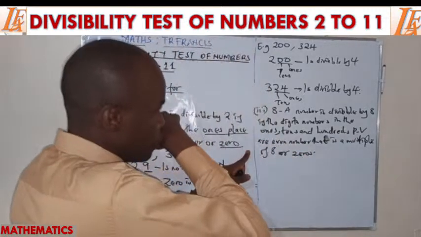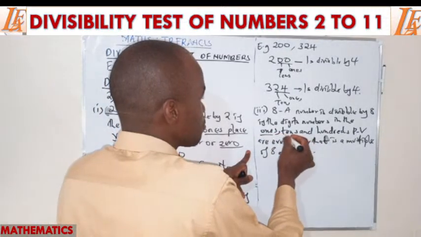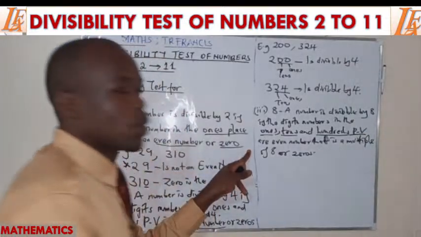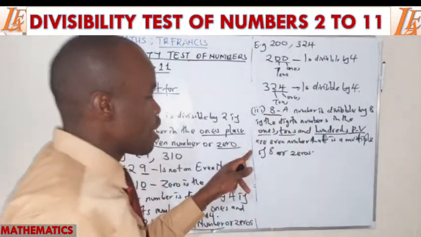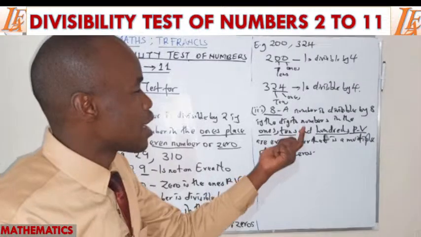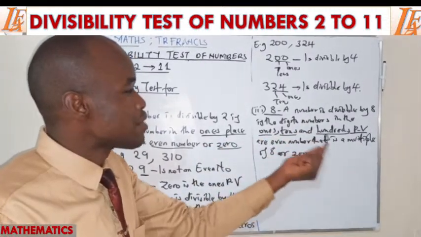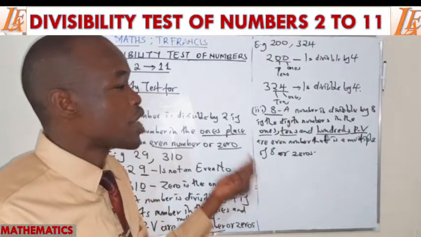So for 8 we focus on the ones, tens, and hundreds place value. We check the number formed there, whether it is an even number that is a multiple of 8, or 0.